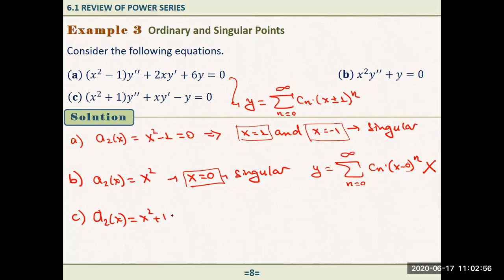When this is equal to 0, the solutions of this equation will be singular points. What are the solutions? We know that x is equal to plus or minus i. So plus i and minus i are the singular points of this differential equation.